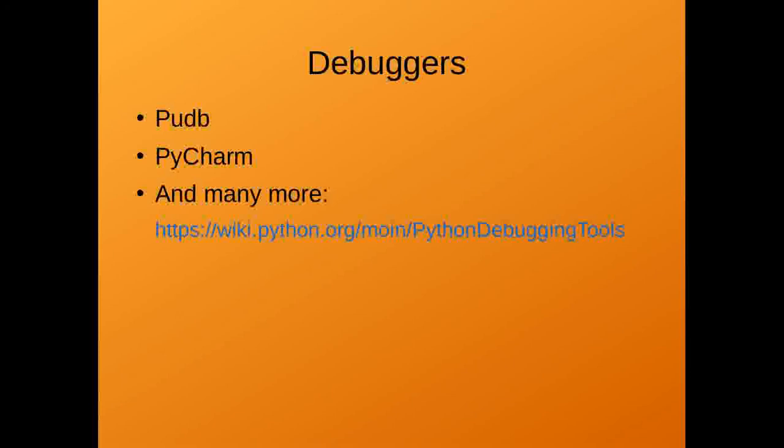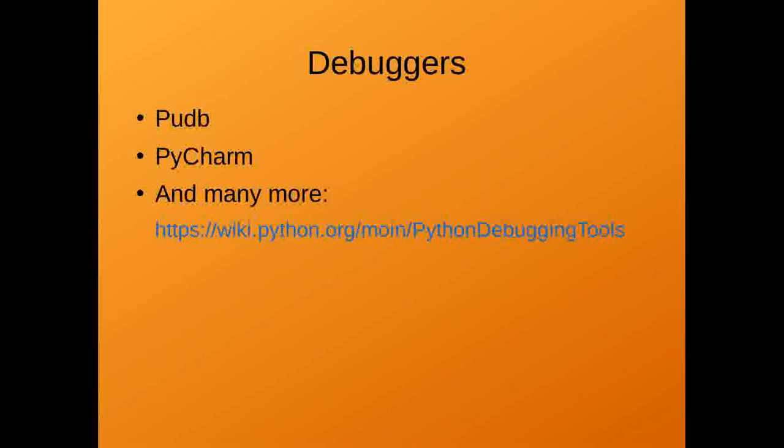And it's pippable. You can pip install PuDB into your virtual environment, or into your home directory, or into your interpreter's default namespace. And there are many more debuggers. Those are just the two that I hear about the most.